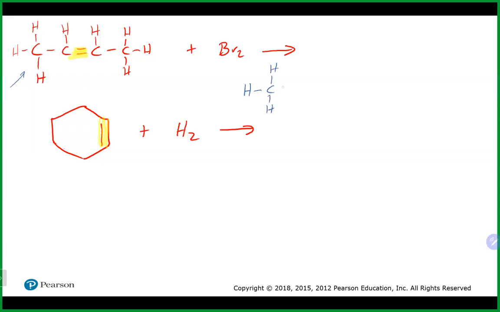We got that. We got this. And now I'm going to turn, again, my double into a single. Everything else that's attached is still the same. Again, nothing weird happens. Things don't form rings or anything like that. Now we can see clearly we got 2 spaces, one for each of the bromines that could go on there. So we would put a Br there and a Br there.